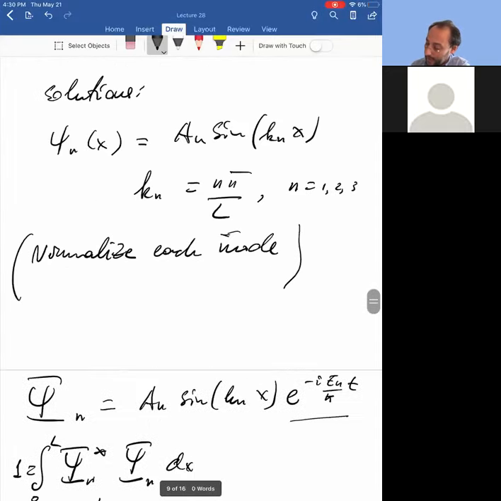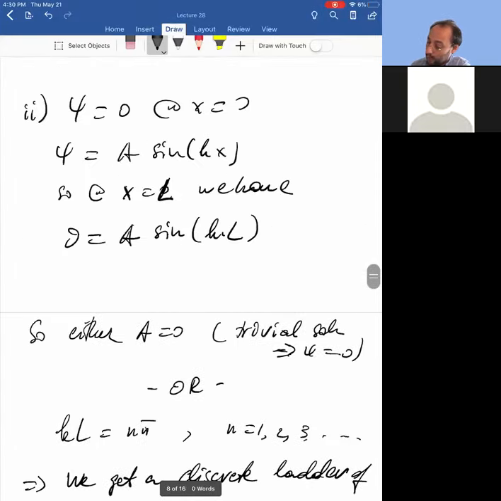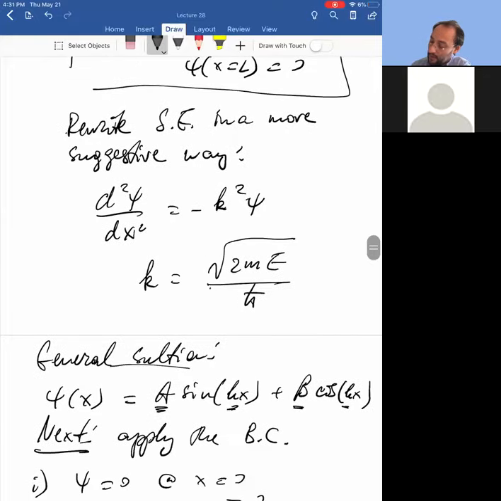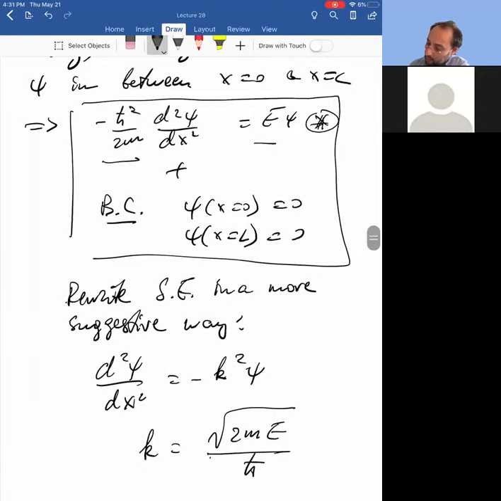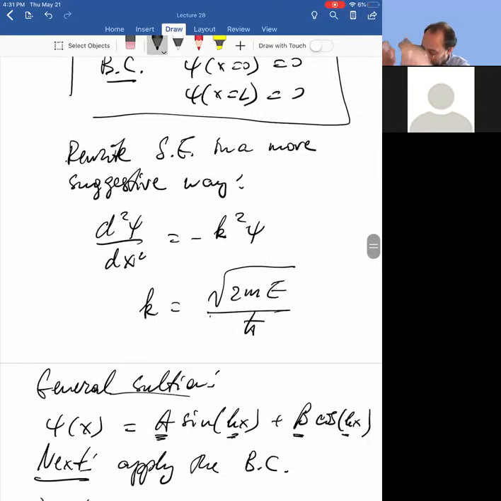Remember, when I cleaned things up, I put everything together in one pile. I multiplied by 2m divided by h bar squared, multiplied by -1, and put all of that into one thing, and I called that k, kind of foreseeing that I'm going to be looking for sinusoidal solutions, because those are the ones that you can pin down at the boundaries.